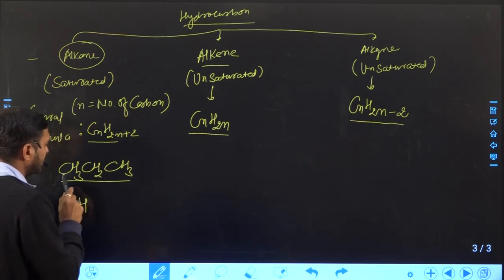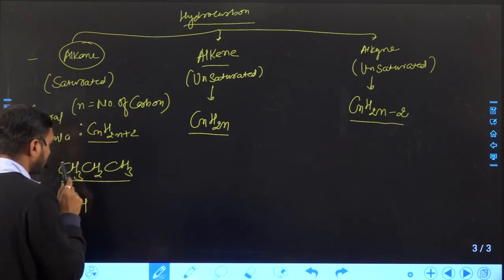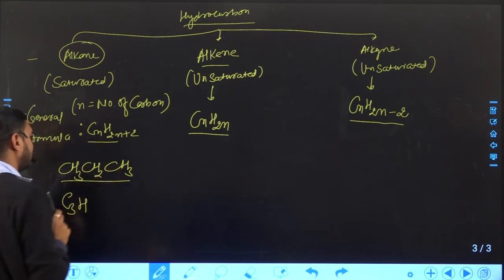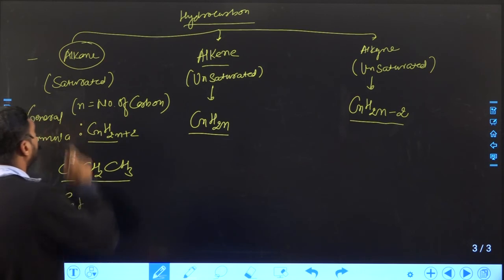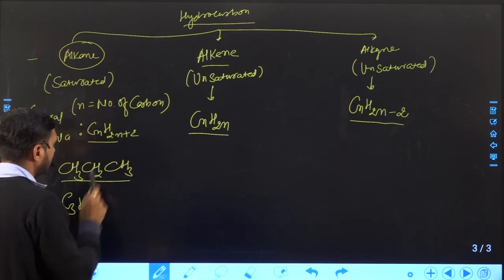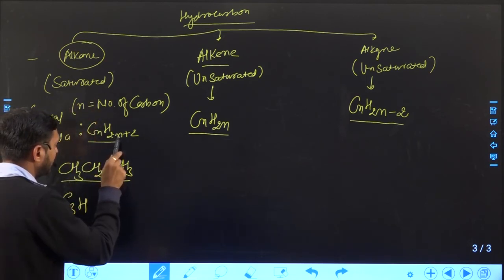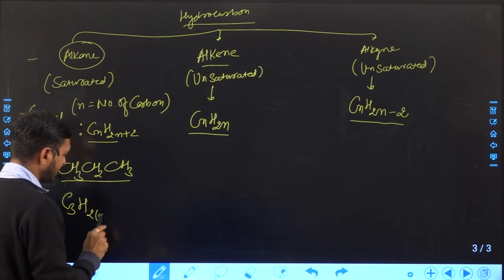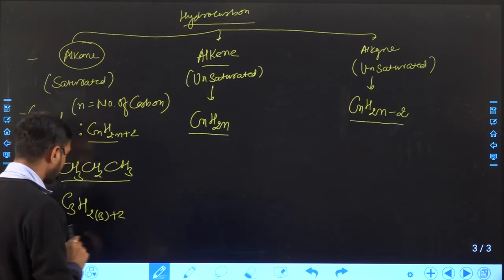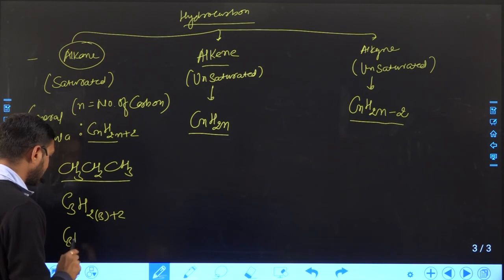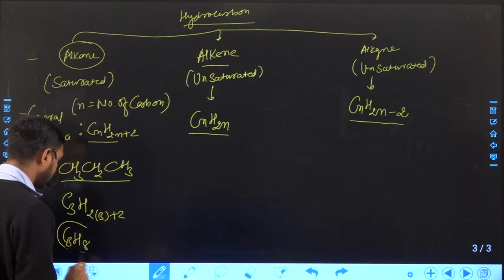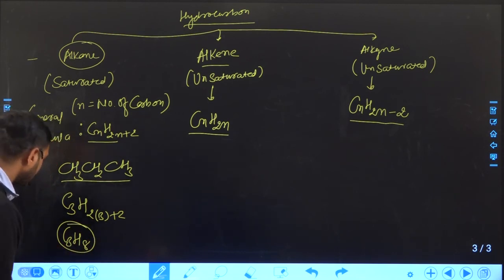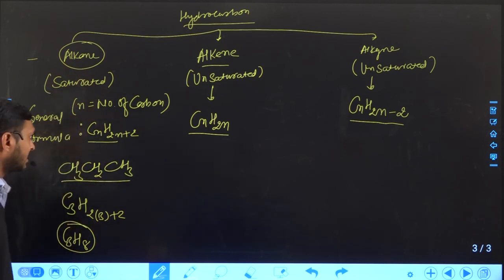If we apply this compound to the general formula, it will go into the alkane category. If we keep n equal to 3, the formula will become C3, 3 into 2 plus 2, H8. So you can see this hydrocarbon belongs to alkane.